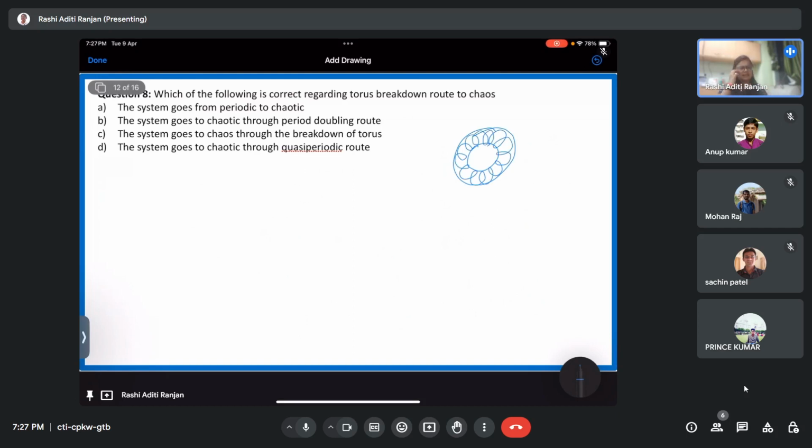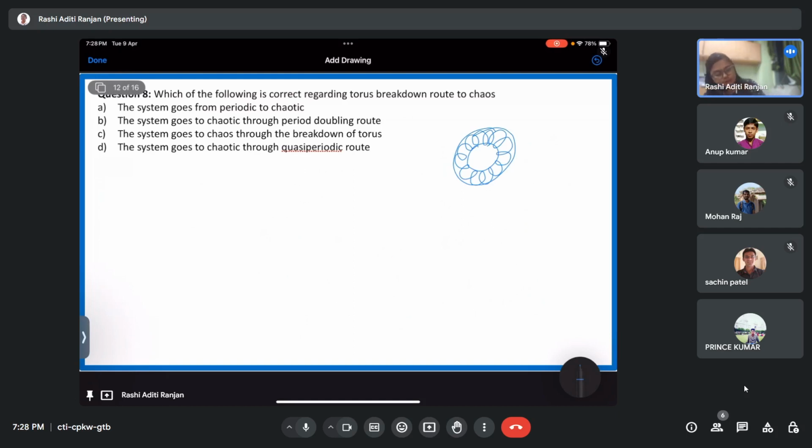This is an example I'm taking for a torus. If I get this kind of behavior for a system response, where was I getting it? I was getting it for a quasi-periodic system. You remember there was a question in your assignment. This quasi-periodic system shows torus behavior in the phase plane, right?